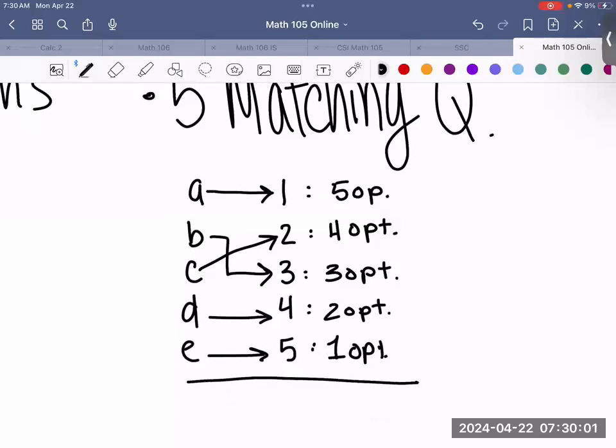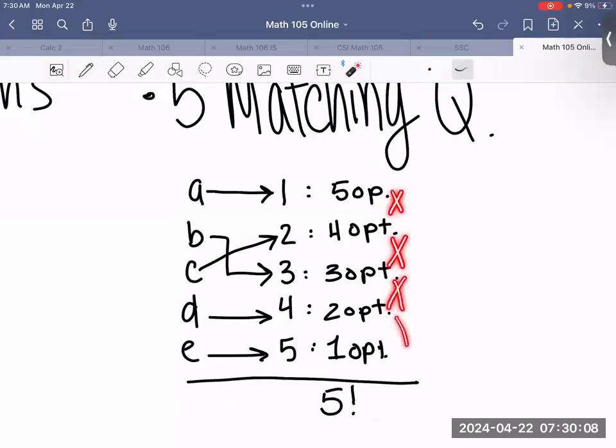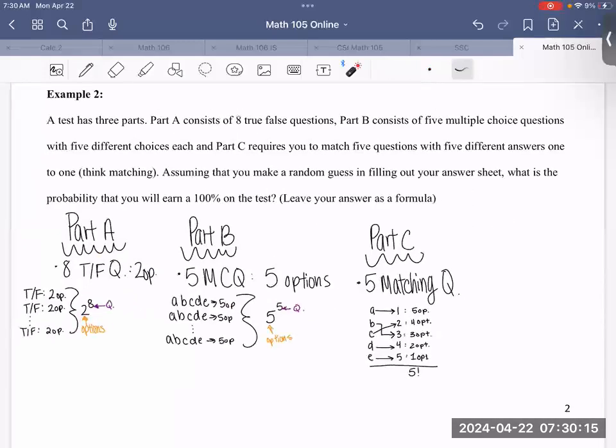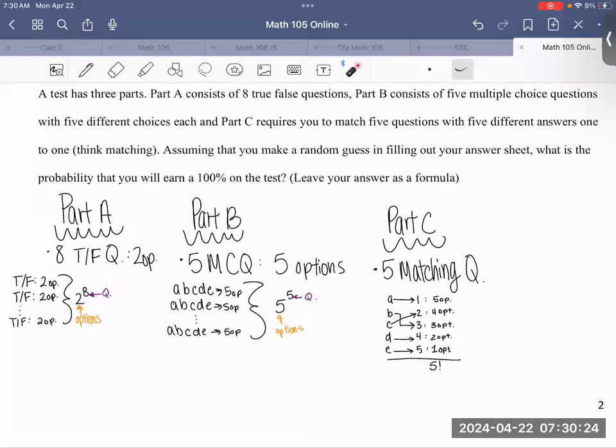Have we seen that before? Yeah, this is just a factorial. This is a 5 factorial. It's just saying 5 times 4 times 3 times 2 times 1, right? So 5 factorial. Now, what we need is your answer to be in a formula. So since they don't tell us that part A, B, and C are optional, what is going to happen between this part and this part? Well, they're all going to be multiplied.